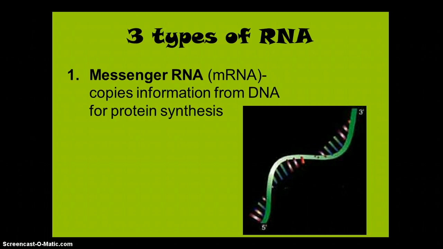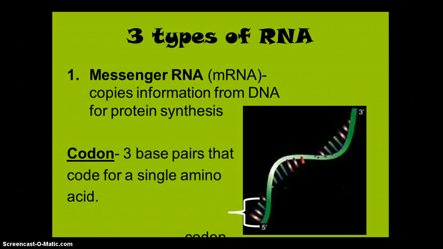There are three types of RNA. We have messenger RNA, mRNA, which copies information from DNA for protein synthesis. And actually, what this mRNA does is, we have DNA in the nucleus, and DNA is actually never going to leave the nucleus.